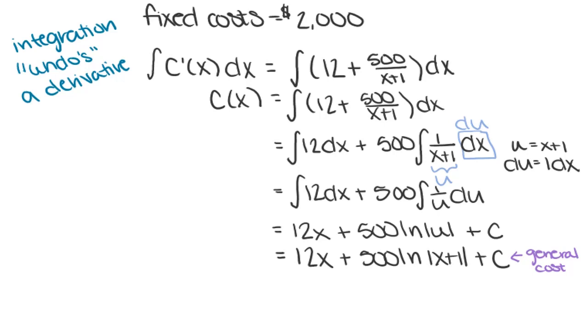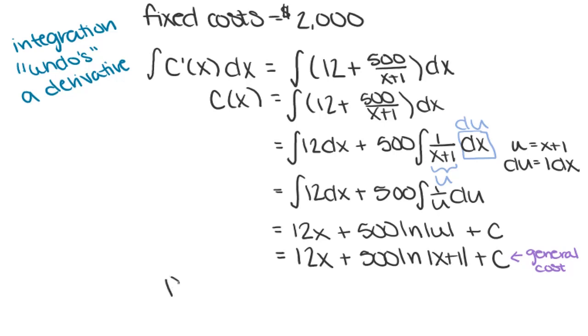Which value in our cost function doesn't depend on x? Well, maybe you can see it, hopefully you can. It's our constant. This constant here doesn't depend on our x. So what that means is our constant is our fixed cost.